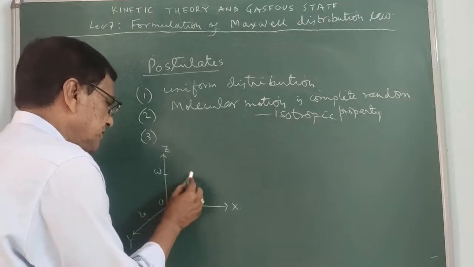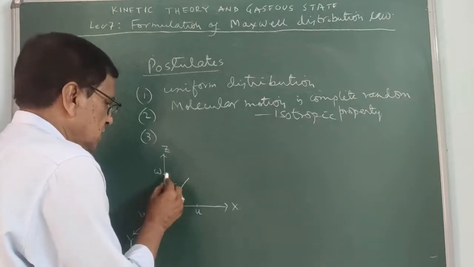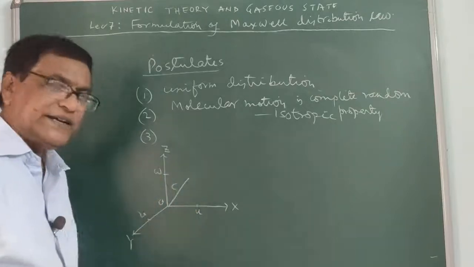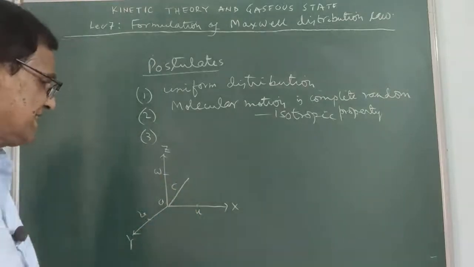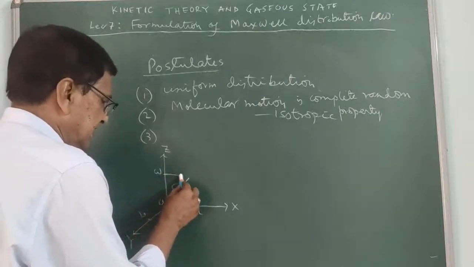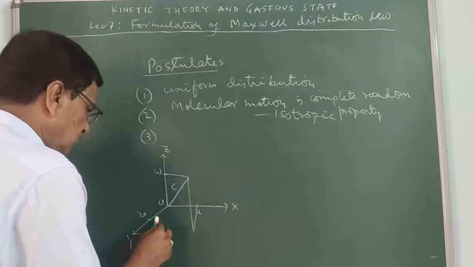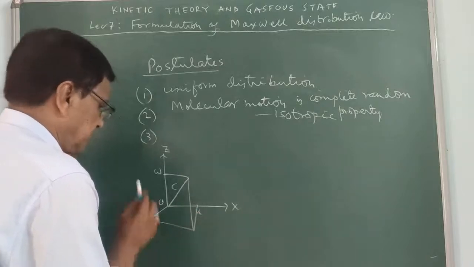If the resultant speed is c, its component velocities are w, u, and v.